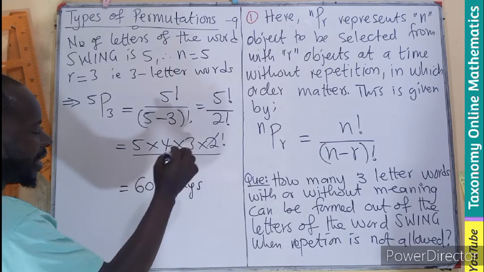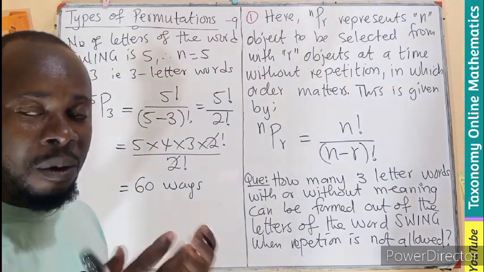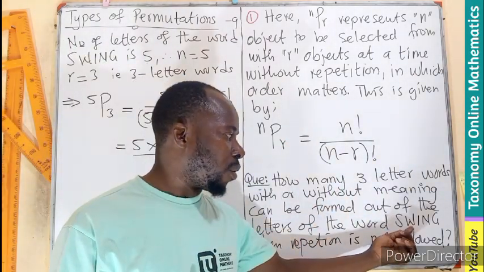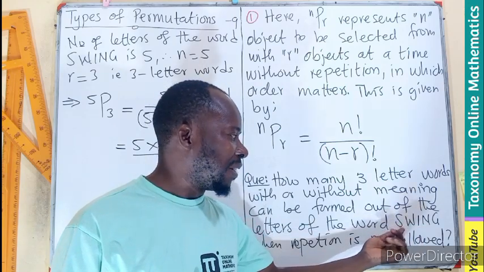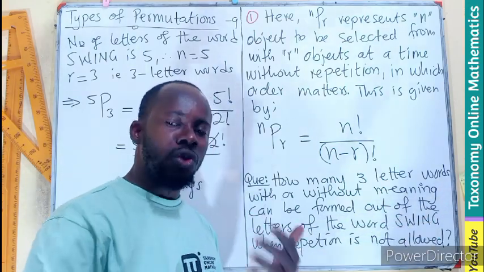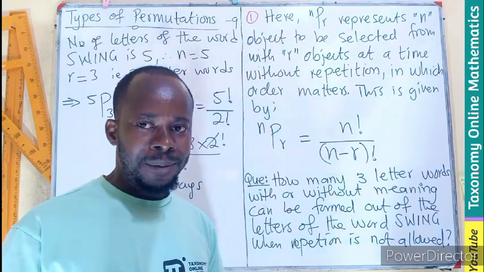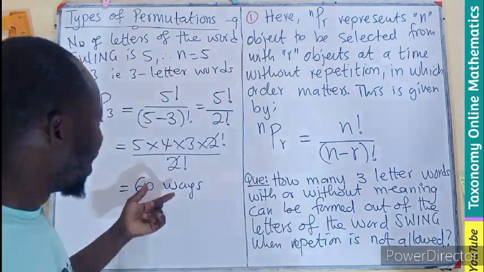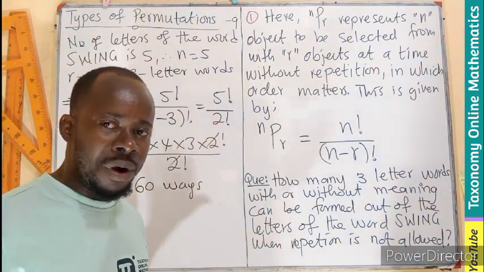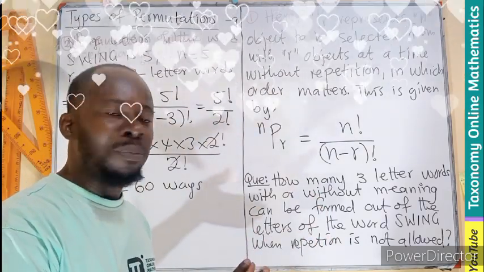So it means that there are 60 different ways by which we can form 3-letter words from the word swing. If you continue combining them, where order does not matter, you are going to be dealing with what? 60 different ways. This is the first type of permutation, which we have done keenly in the previous episode.